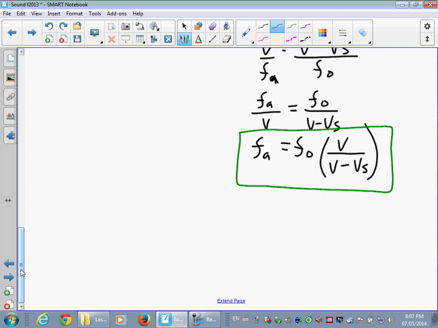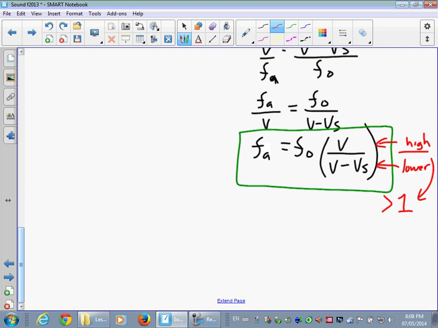But consider what happens here. If you have a certain number on the top of the fraction, on the bottom, you should be able to say how the bottom value will compare to the top value. If you're going to take the same number you have on top and subtract something, you're obviously going to get a lower value. So this will be a lower value than this. You get a high value on top and a low value on the bottom, which means that this value is greater than 1.